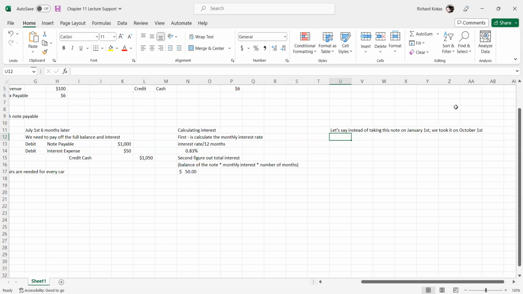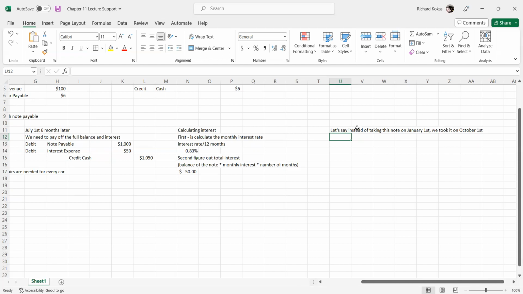So whenever we incur an expense, we have to recognize it in the year it belongs in. When we have a note, every month that passes we're accruing interest, so interest is building on the note, and we've technically had interest expense for that month. We don't need to recognize the interest expense every month, but once we get to the end of the year, even if we haven't paid the note yet, we have to recognize interest expense for the part of the year that we've held this note.